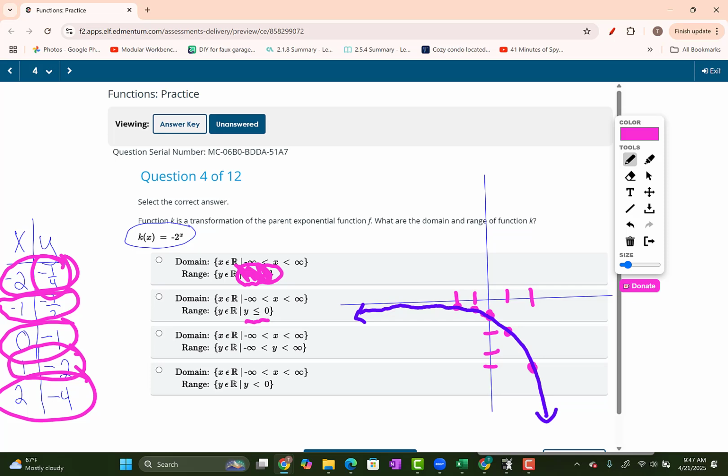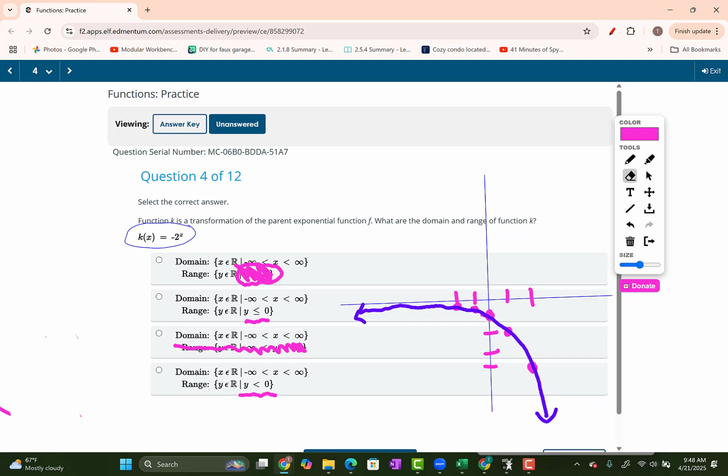Can't be this one because it's saying the range goes from negative infinity to positive infinity, and that includes positive y values, so we'll mark that out. And this last one says y has to be less than 0. So really the question here is, can y equal 0? Is there a number we can substitute for x that gives us exactly 0?